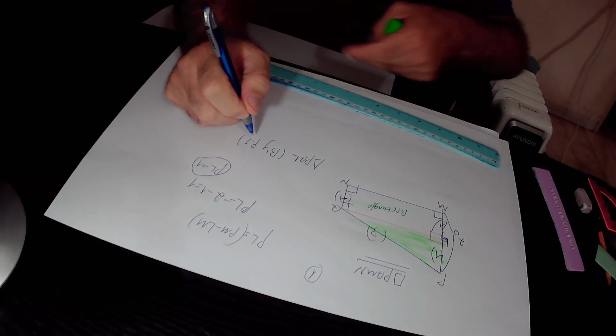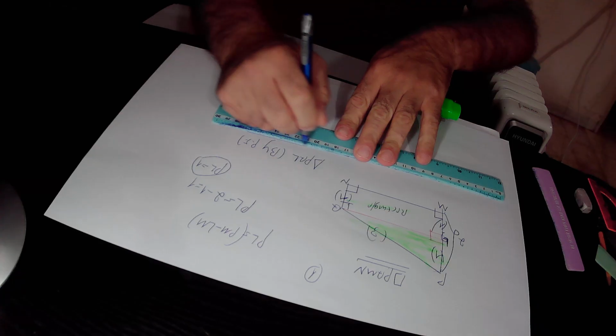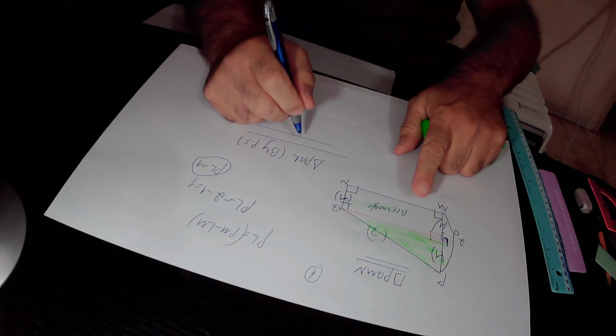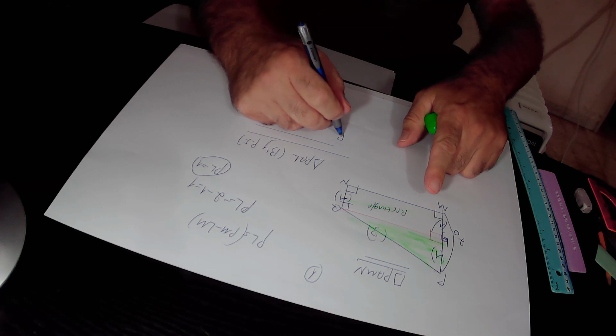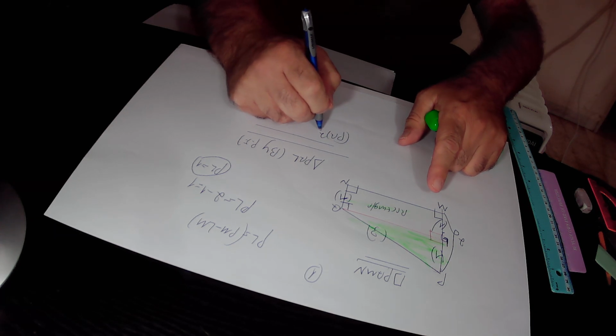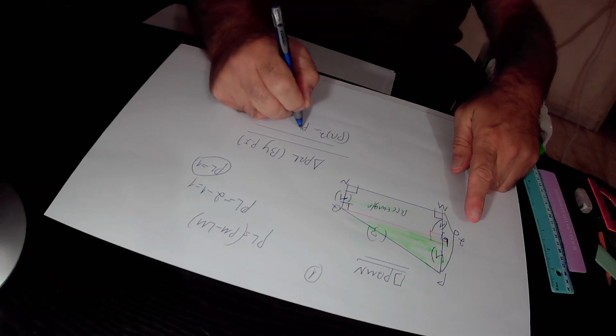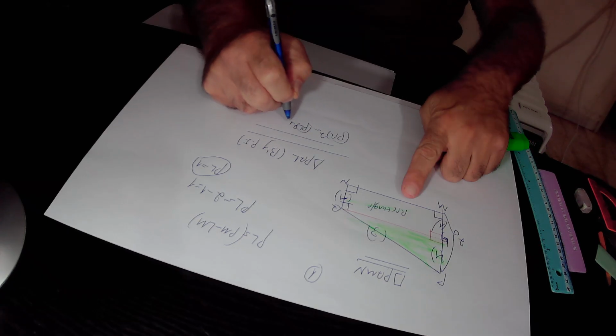In this green right triangle PLQ, PQ squared, that is the square of the hypotenuse, is equal to PL squared plus LQ squared.